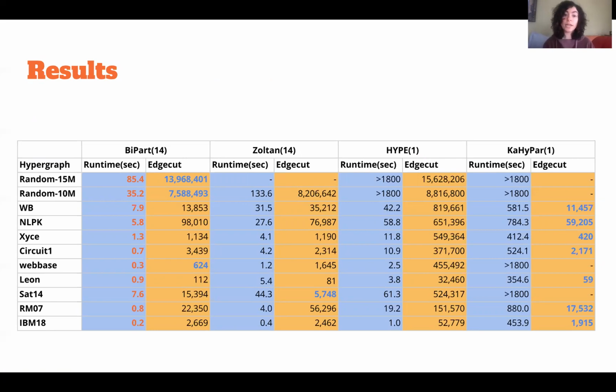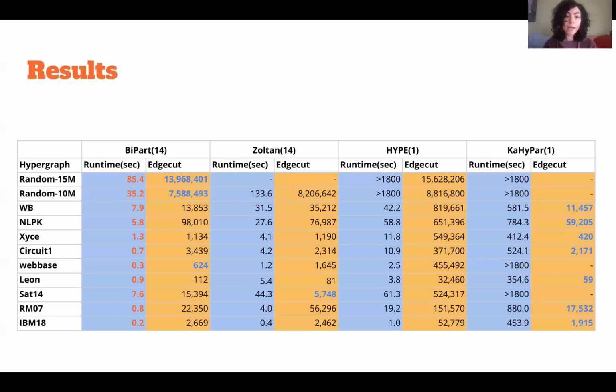And on all the other hypergraphs that it was able to partition, Bipart is always faster. On the edge cut, however, on some hypergraphs Bipart is better, and on some Zoltan is better. For example, for the two largest hypergraphs that Zoltan was able to run, random 10 million and WB, the edge cut of Bipart is better than Zoltan. However, on NLPK, Zoltan is doing better.